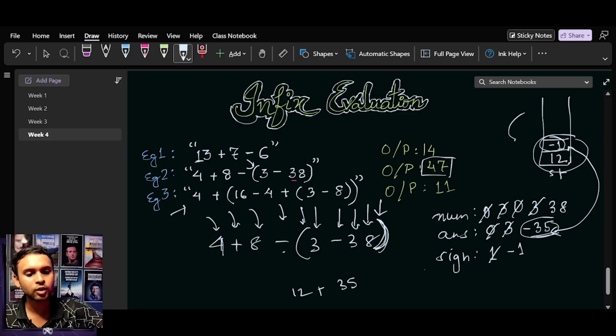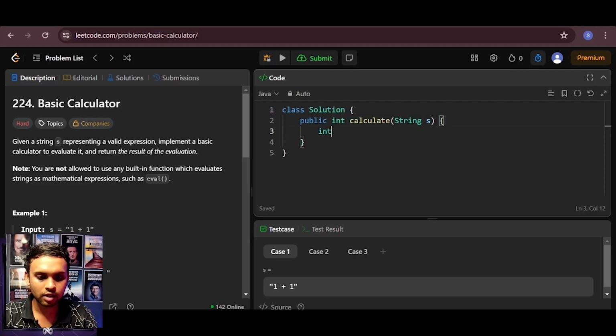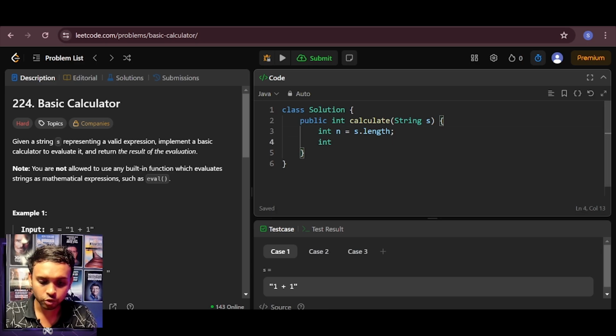I will also write the code, right? First I will start with taking the length of this string. Then I will make my 3 variables that I need, which are your answer, which will be initialized with 0, then we have the current number, which is num for example, which is 0, and we have this sign variable which will be initialized with 1.